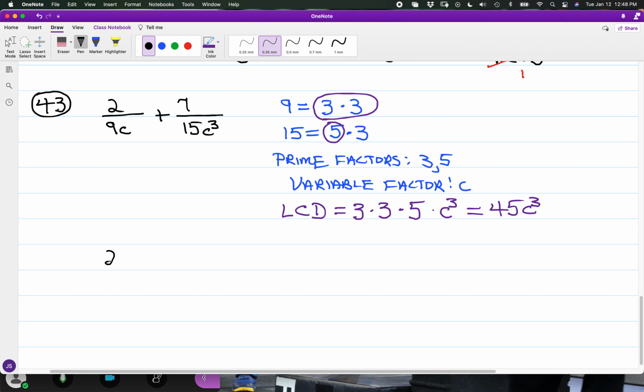Now I'm going to write both of these fractions with the denominator 45c cubed.